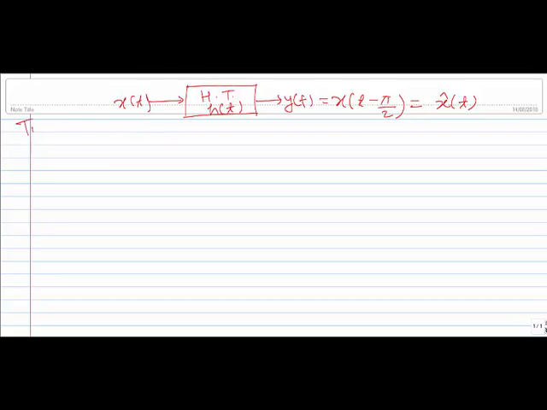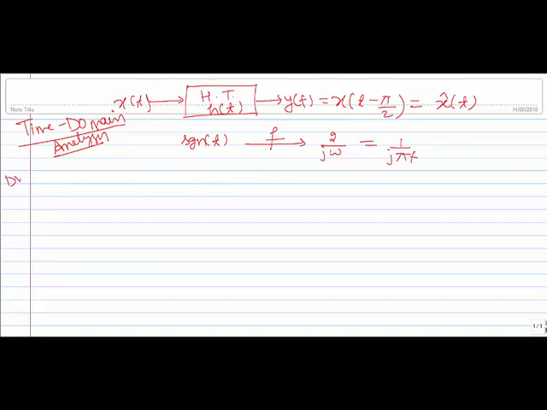Now let us do the time domain analysis of this. It means we will find the equation for h(t). Let us start with signum t. We know the Fourier transform of signum t is 2 upon j omega, which equals 1 upon j pi f. Now I need to apply duality here.